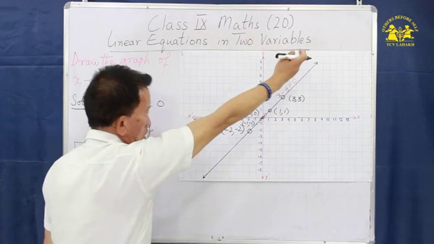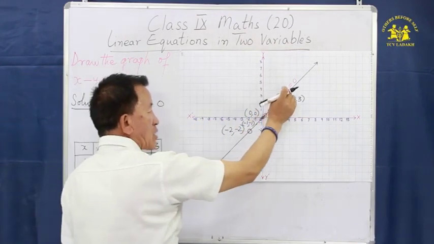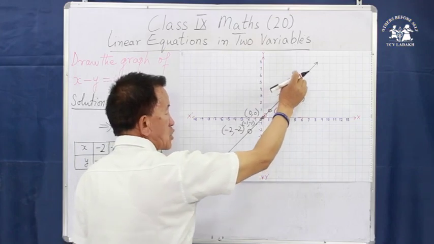So if you join them, you get the graph of the equation x minus y is equal to 0.